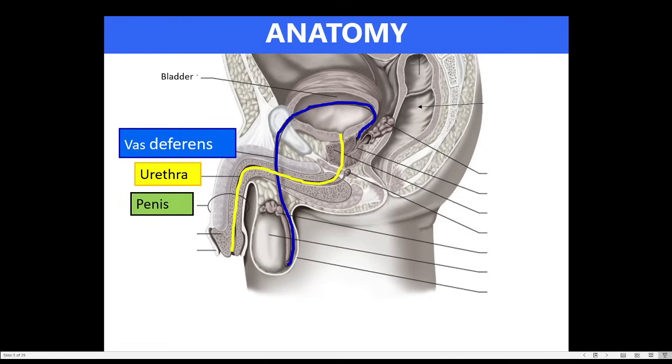And then this encircled part is called the penis. We also have the glans and the prepuce or the foreskin. So this foreskin or prepuce is the skin that is removed whenever a male is undergoing circumcision.